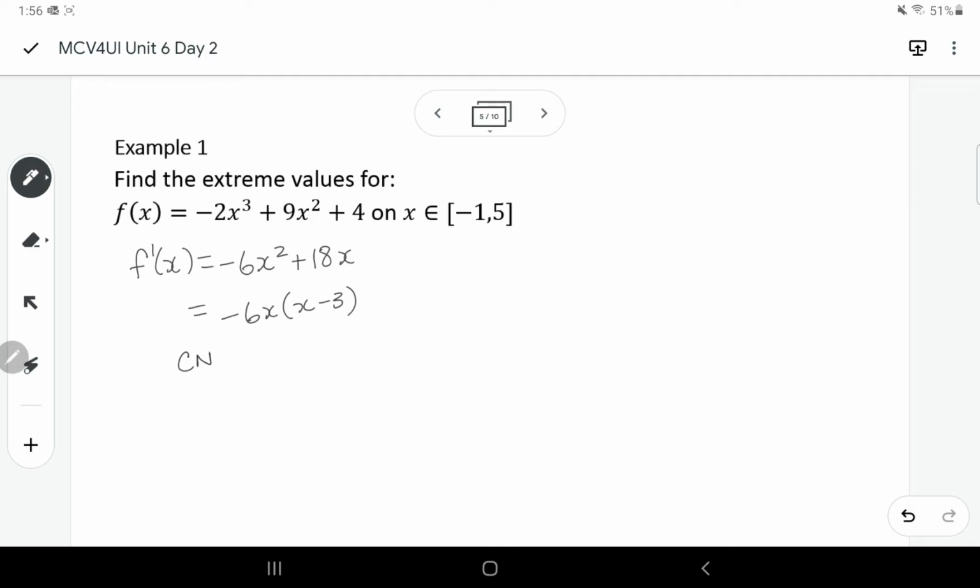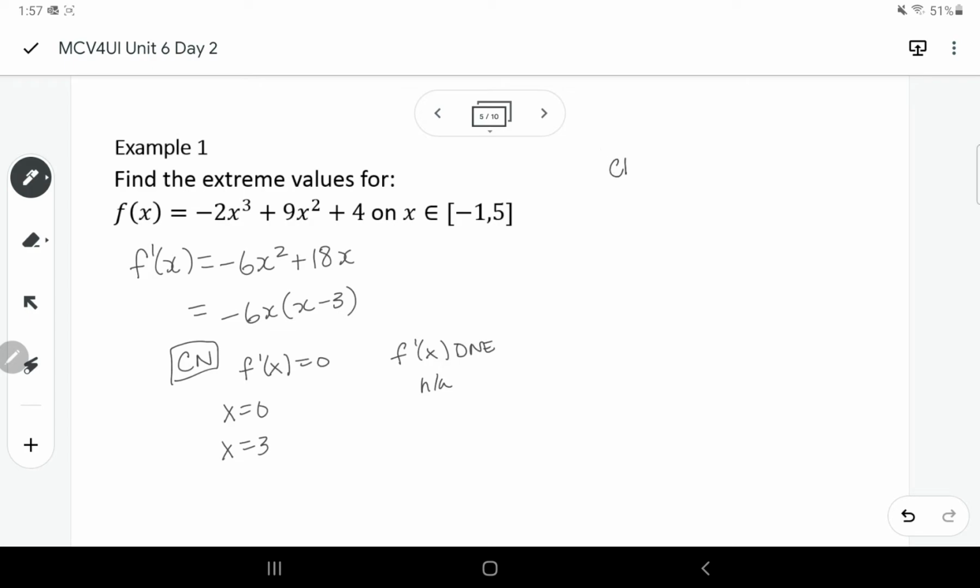So the critical numbers, I just shorten that CN, is where f prime of x equals 0 or f prime of x does not exist. Now, where does the derivative equal 0? That would happen at x equals 0 and x equals 3. Where does it not exist? There's no points where this derivative's not defined.